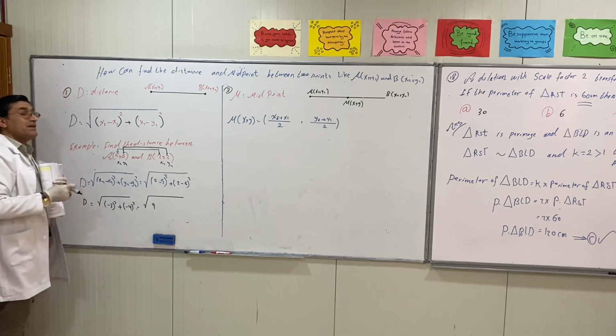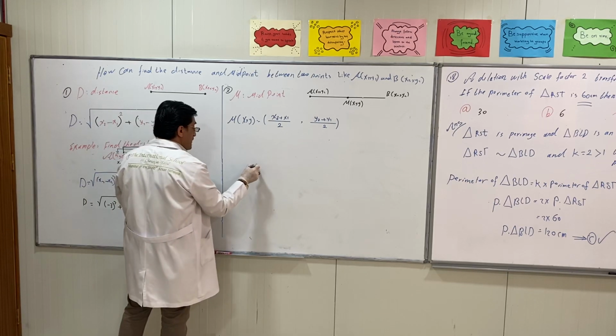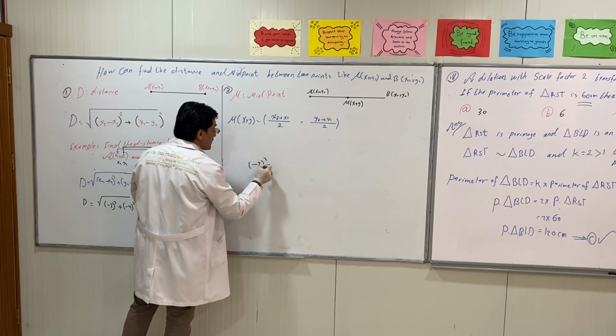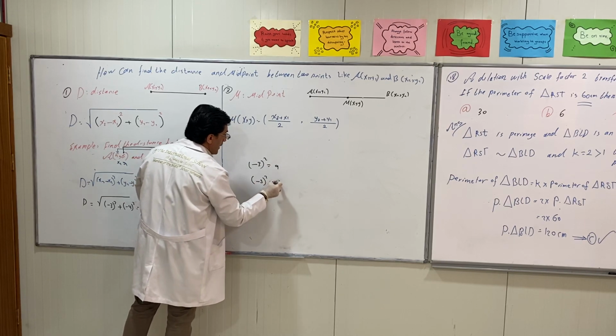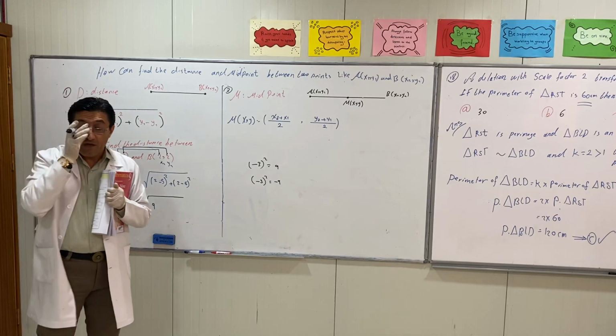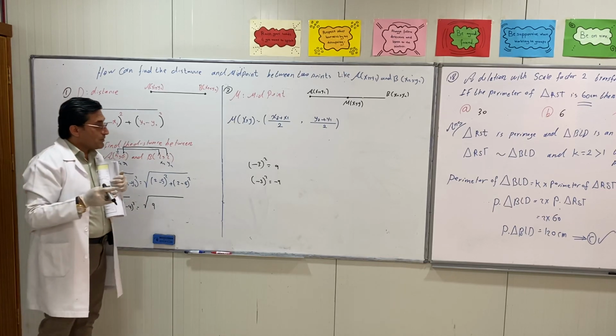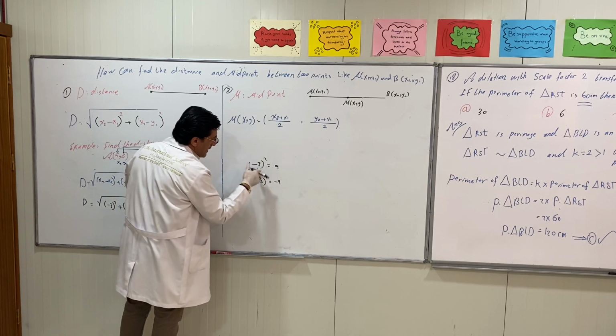Why 9? Who can tell me why negative 3 to the power 2 equals 9 and not negative 9? Yes, very good. Because the power is even. If the power is even, the negative disappears.